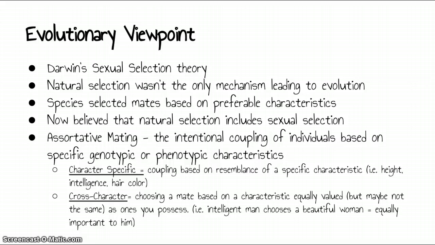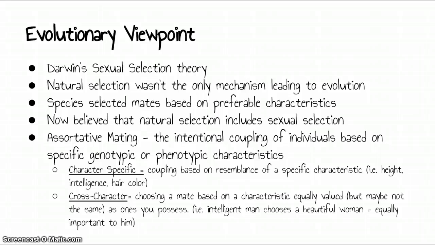The evolutionary viewpoint on this topic is Darwin's sexual selection theory, and this has to do with all organisms and the idea that natural selection isn't the only mechanism leading to evolution.